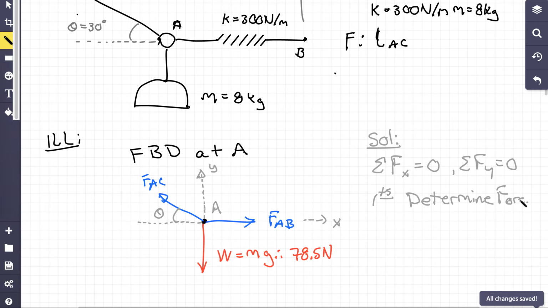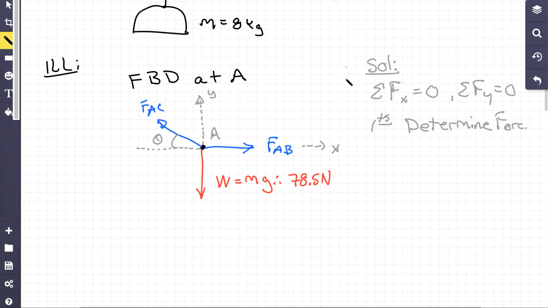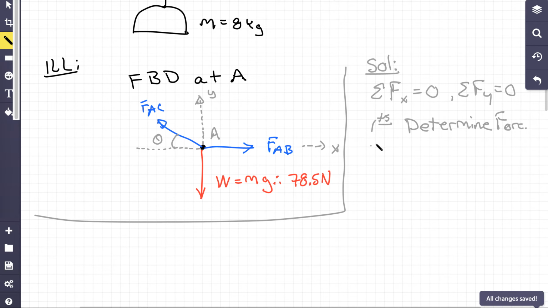So how do we do that? Which order do we put them in? That's always a kind of question. We'll put a box around here so we can move down. Which one do we use first?